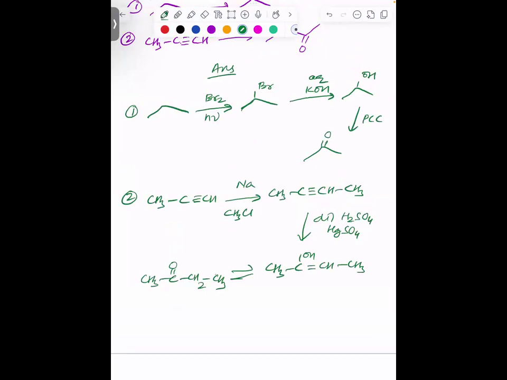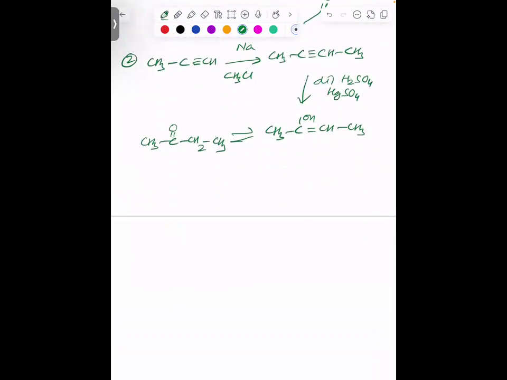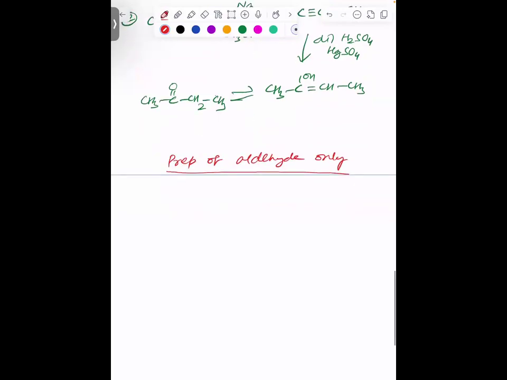Now we'll continue the preparation of aldehyde and ketone. Next is preparation of aldehyde only. Under the preparation of only aldehyde, first is Rosenmund reduction.